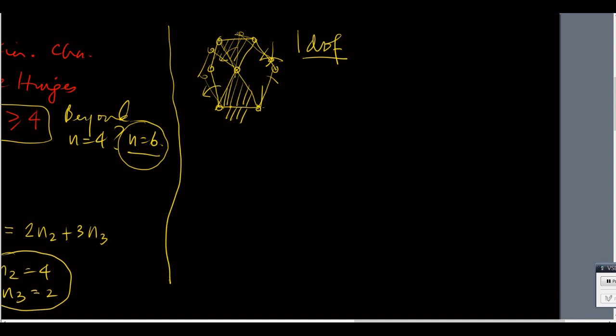There is a good example of such a mechanism given in the book, and that mechanism looks like this.